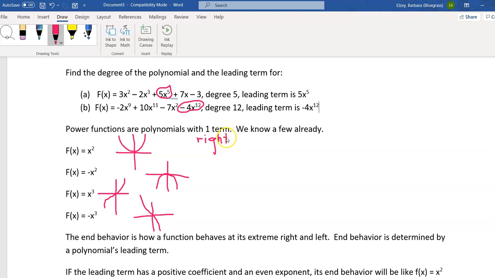So if we're looking at the right side of our end behavior, we're going to usually say as x goes to infinity, because on the right side of the graph, the x values are going to positive infinity in this direction.